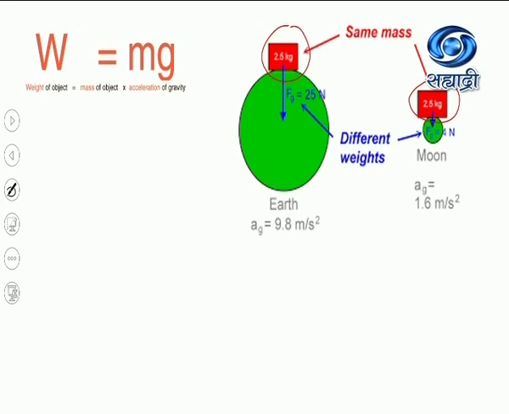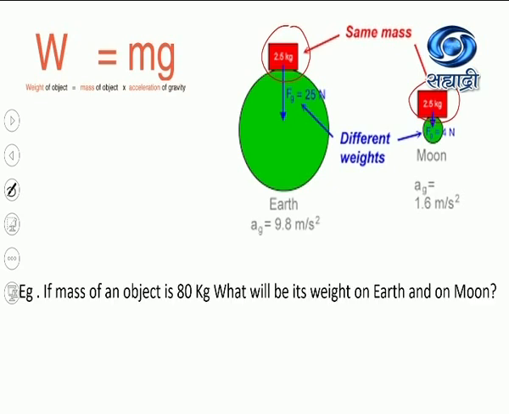How to calculate this? Let us solve one numerical based on this. For example, if the mass of an object is 80 kg, what will be its weight on Earth and Moon? This is how we can calculate. The formula we know, W is equal to mg. Mass is given as 80 kg.